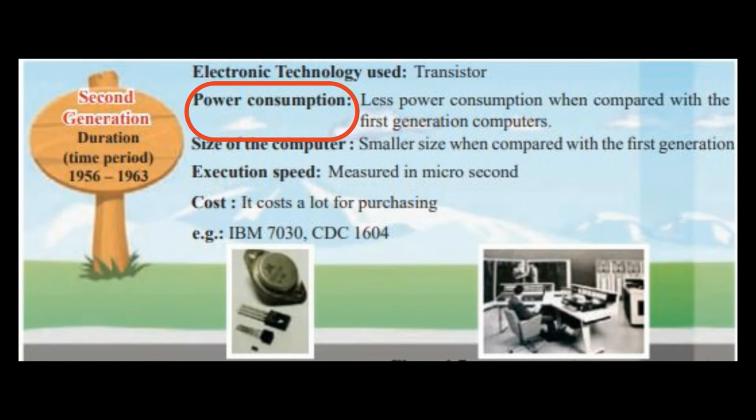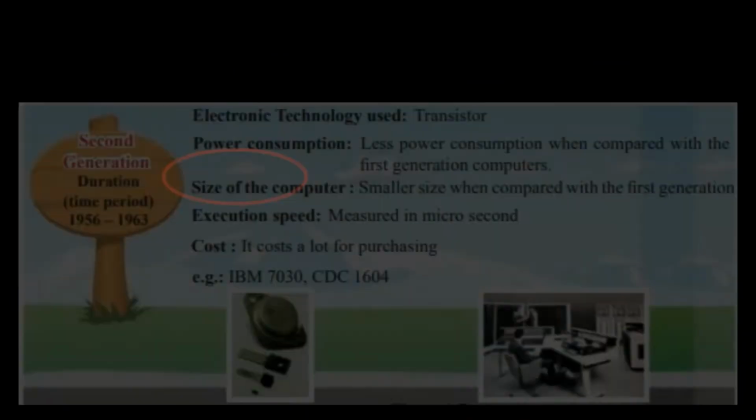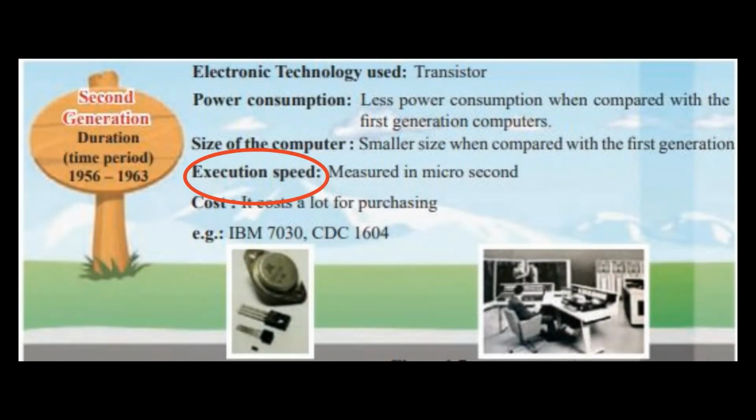In the second generation, less power consumption was there when compared with the first generation computers. The size of the computer in the second generation is smaller when compared with the first generation. The execution speed was measured in microseconds.